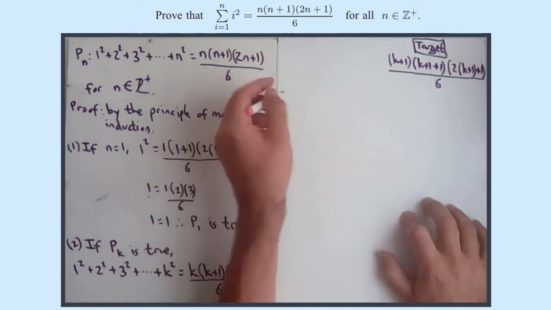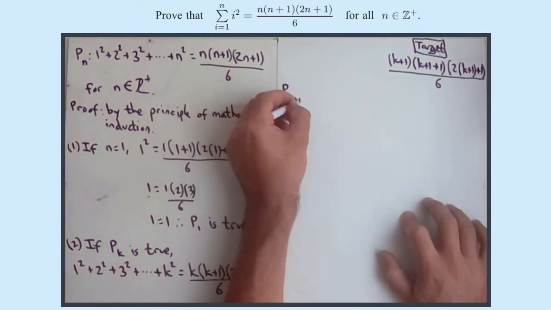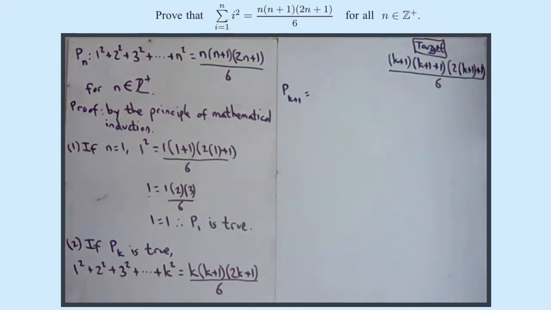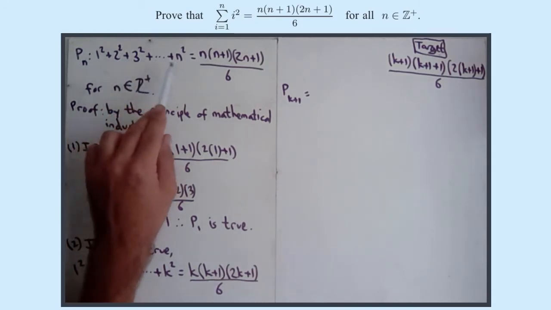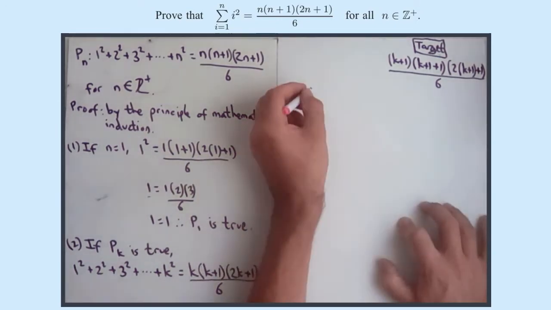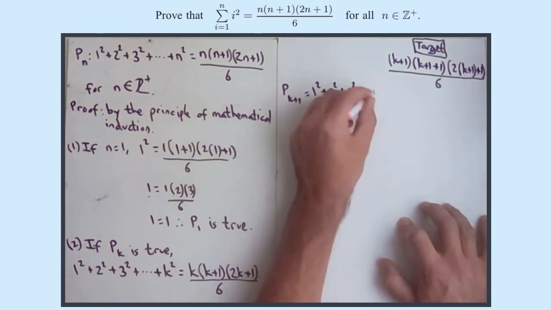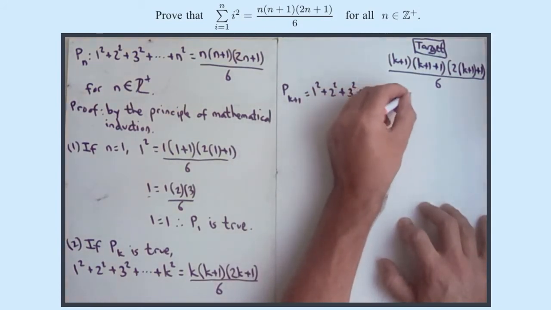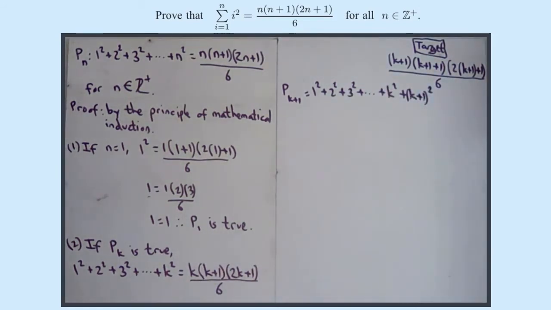So now we can write our expression for Pk plus 1. Let's start simple: the left-hand side started 1 squared plus 2 squared plus 3 squared plus dot dot dot, and it's got to go all the way up to k squared plus (k plus 1) squared. Now what we can do is use our assumption, because we've assumed that Pk is true.